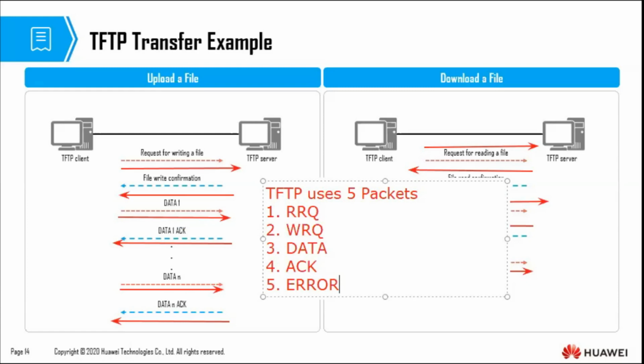Data is the packet for data transmission. ACK is acknowledgement. You acknowledge the receipt of data from your peer. Error is error control packet.